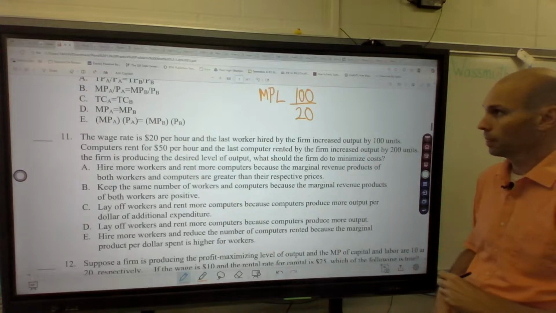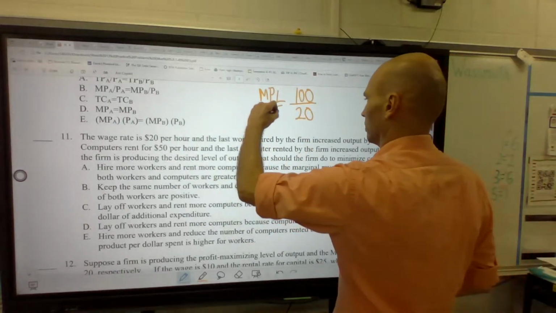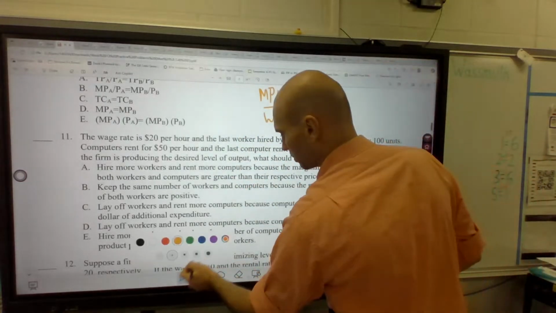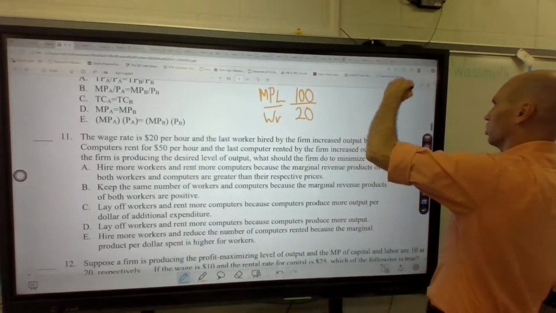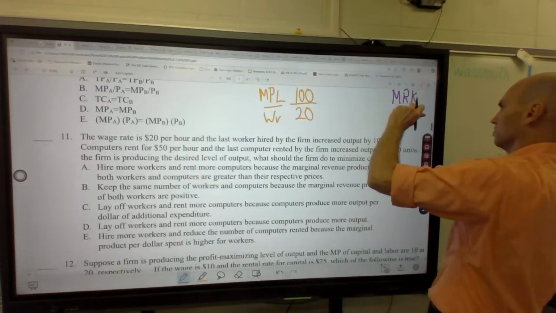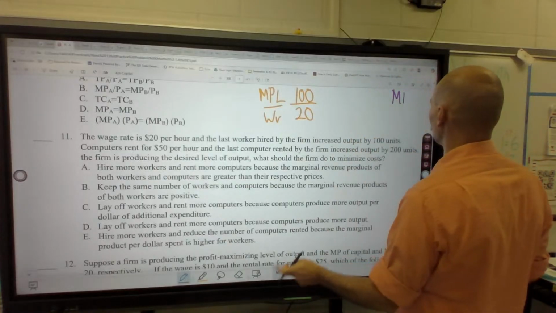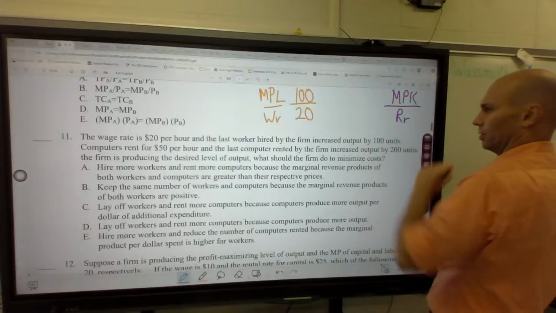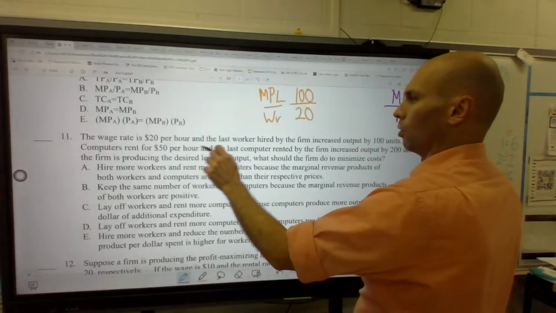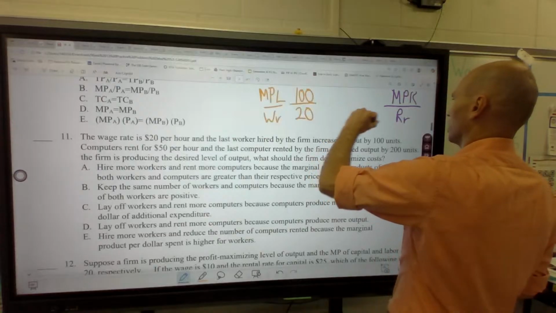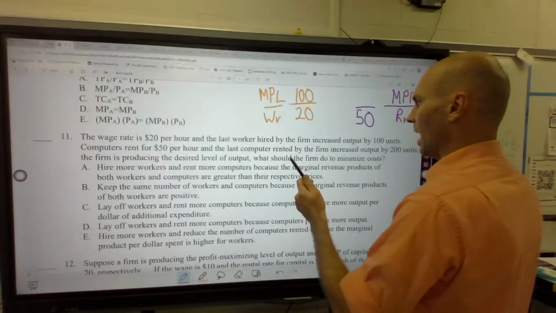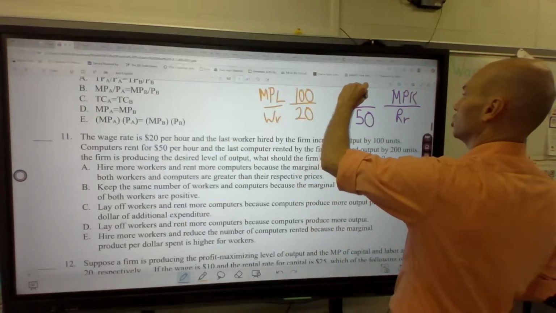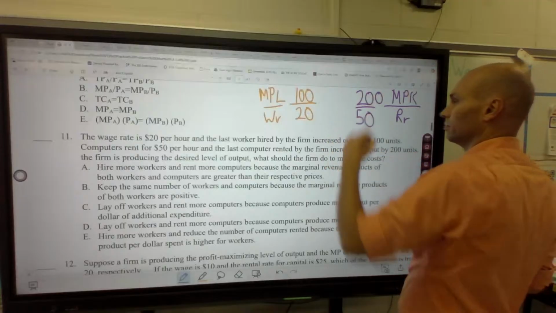Got it? That's the wage rate. But my marginal product of capital over the rental rate, I don't know what that is yet, so let's find out. Rent for computers is $50 an hour. And the last computer rented increased output by 200 units. Got it?